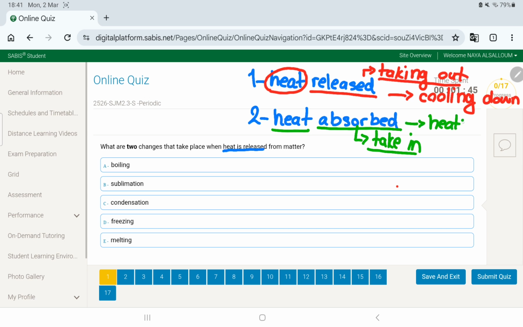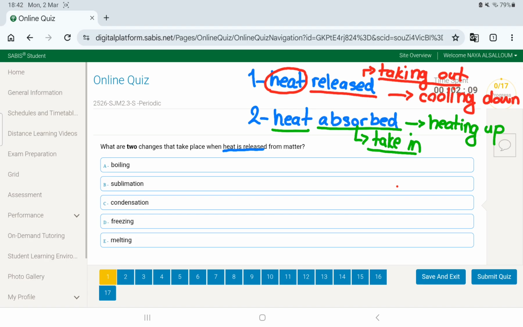So heating up. Okay? So once again, when heat is being released or taken out, it's cooling down. And when heat is absorbed means taken in, right? So when heat is taken in, the object heats up.